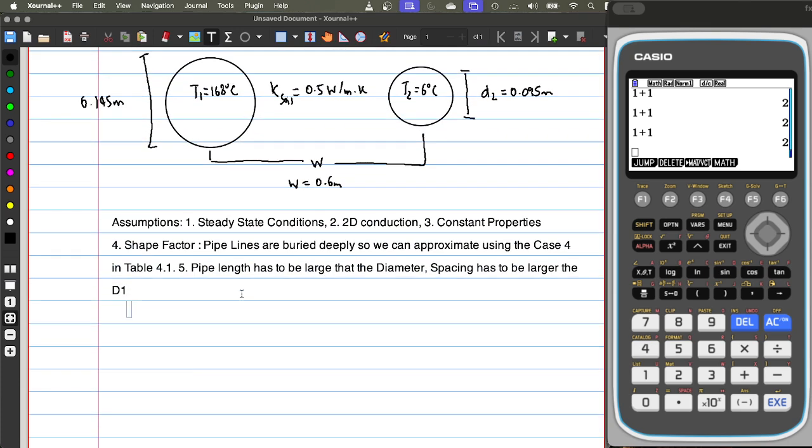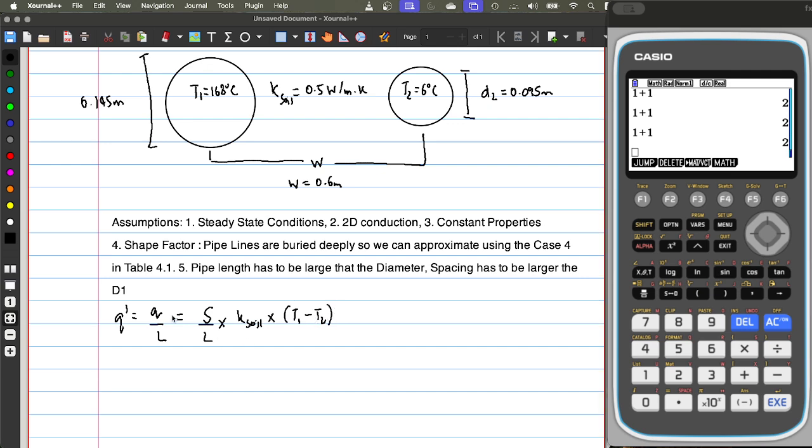So q prime is q over L, and q over L is our shape factor S over L multiplied by k soil times delta T, which is T1 minus T2.